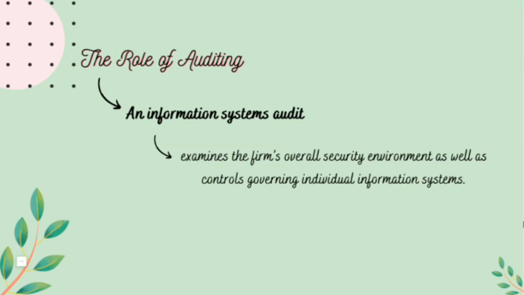An information system audit examines the firm's overall security environment as well as controls governing individual information systems. The auditor should trace the flow of sample transactions through the system and perform tests using, if appropriate, automated audit software. The information system audit may also examine data quality.